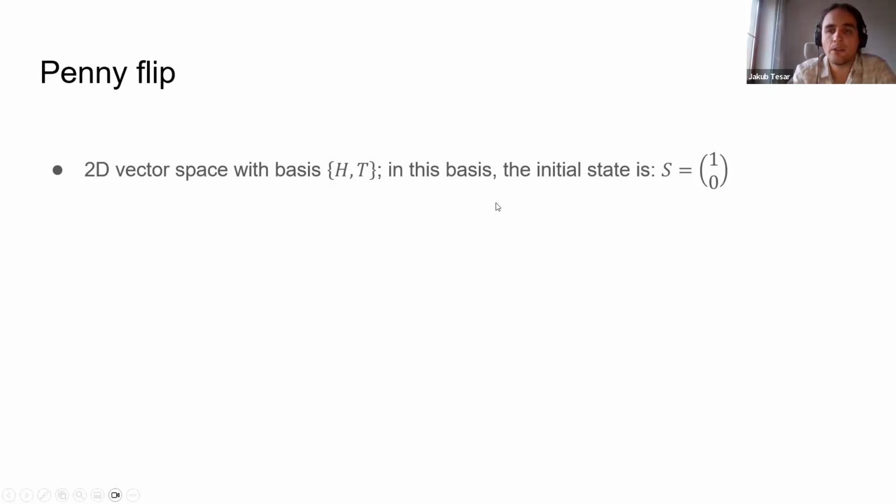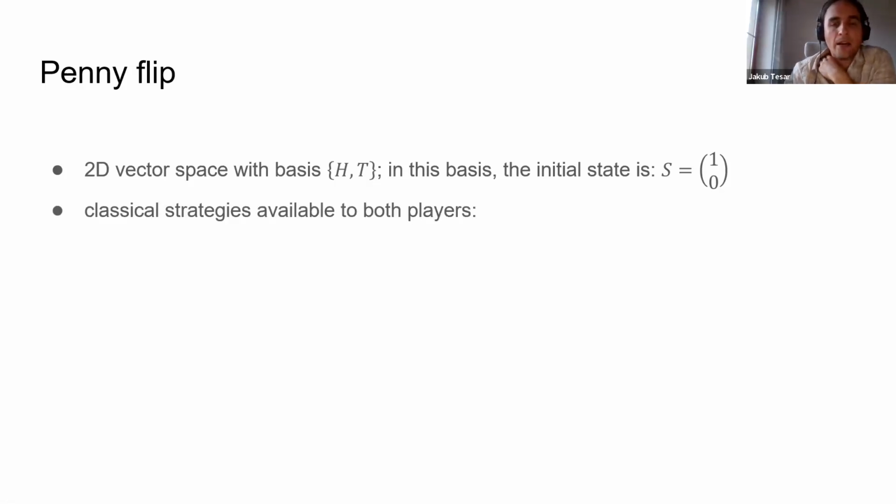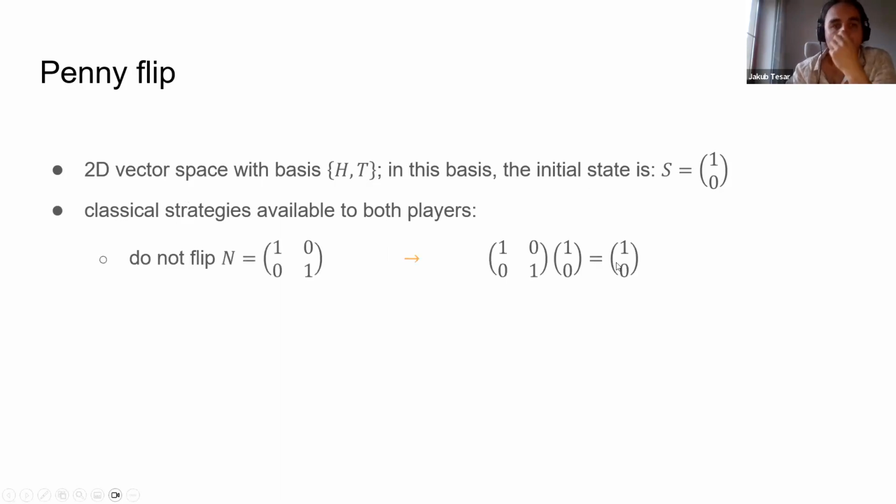As we know, initially the game is heads up. That means it's aligned with the basis vector H, which represents the observable heads up. So we have the starting vector, we have a Hilbert space, a 2D vector space, and we may think how the classical strategies would look in this space.